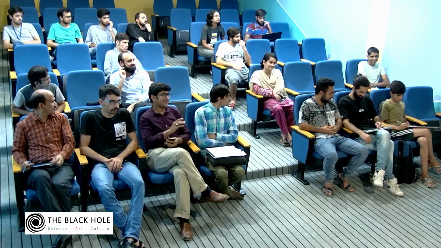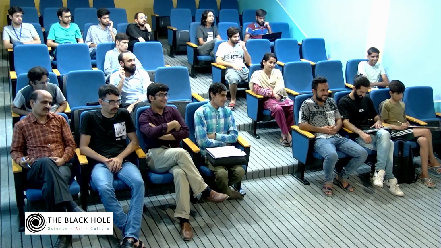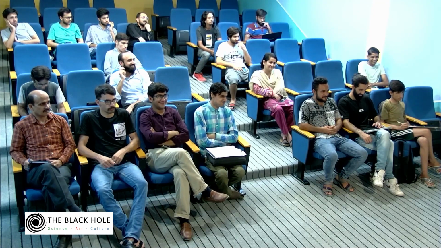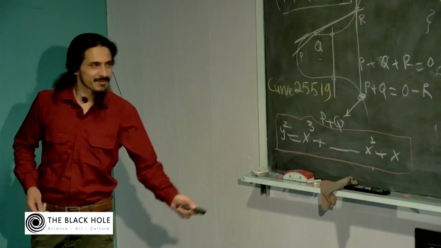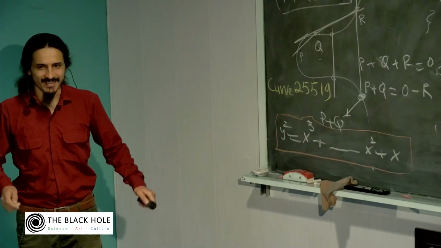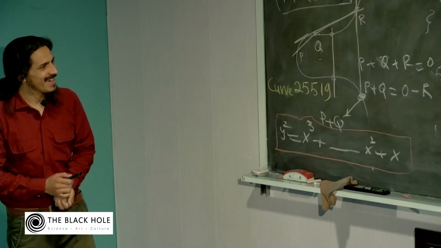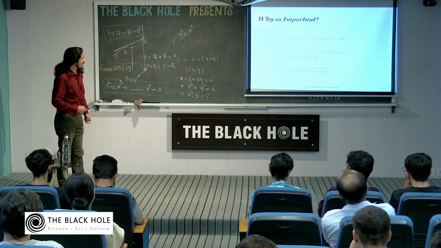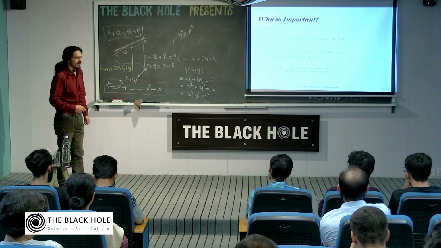Well, it's a whole semester or two-semester course to understand the whole process of cryptography, but I'm just here to count the importances. The other important point regarding elliptic curves is Fermat's last theorem.